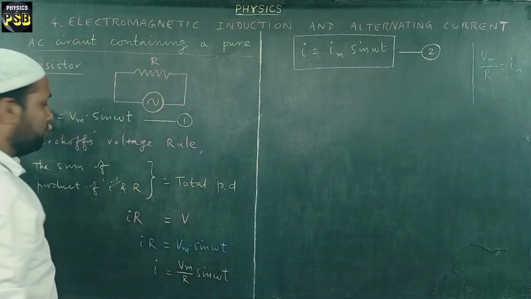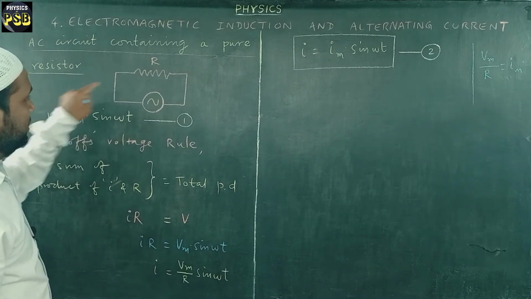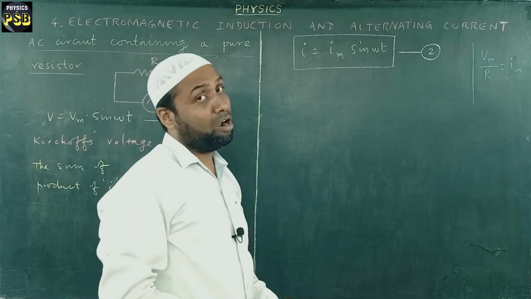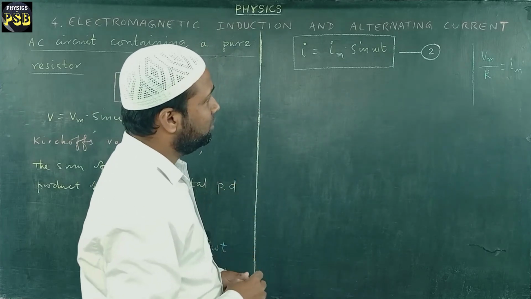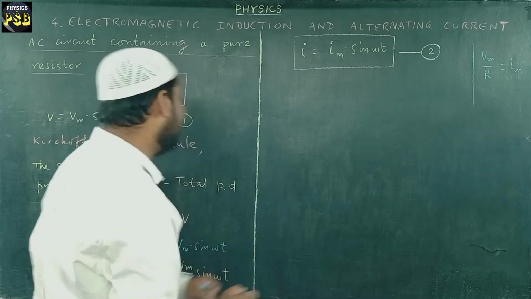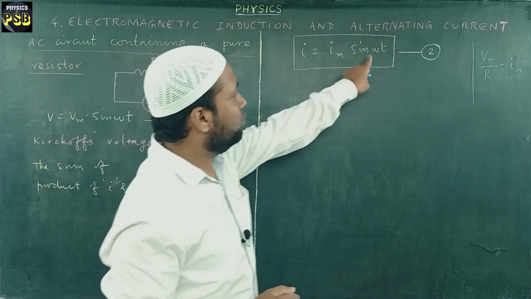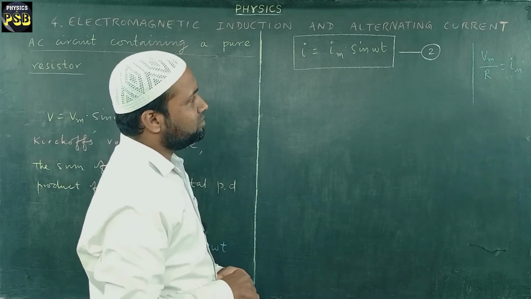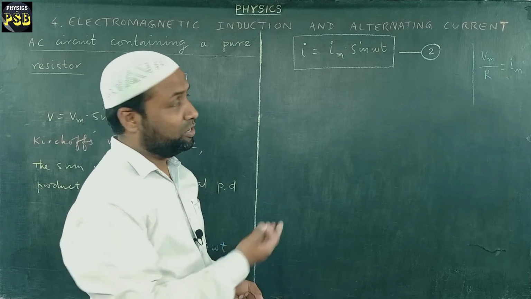Here, equation number 1 provides us the instantaneous value of alternating voltage in the circuit, and equation number 2 provides us the instantaneous value of alternating current in the circuit. If you observe these two equations keenly, you will find that the phase angle is nothing but omega t in both equations. So the phase angle difference is nothing but 0 here.